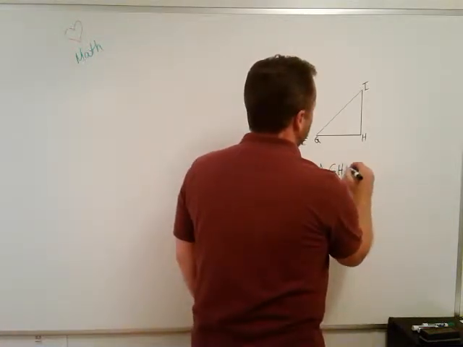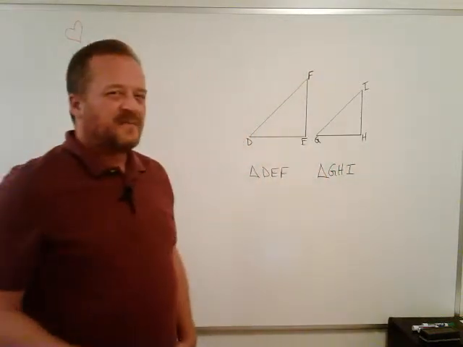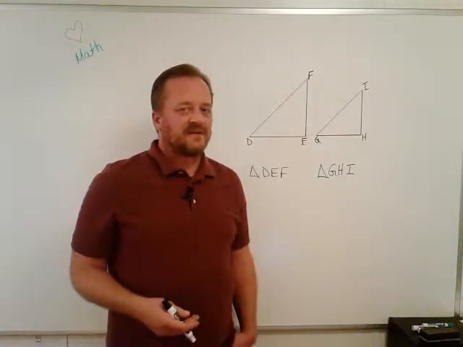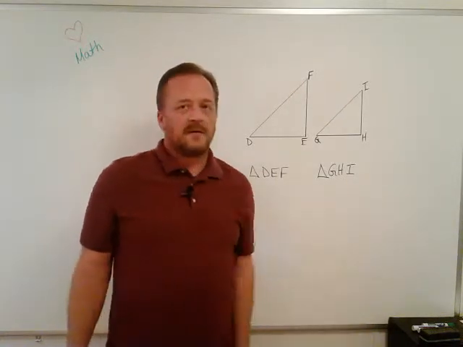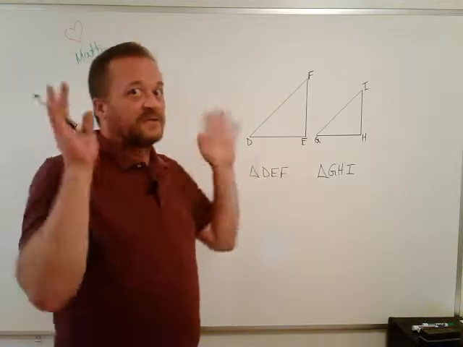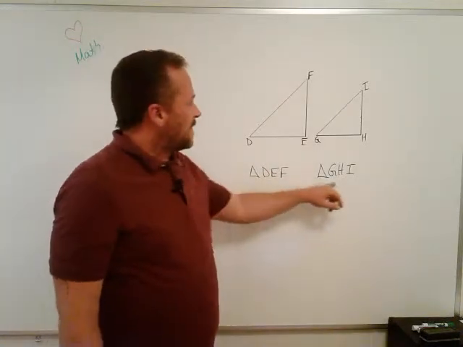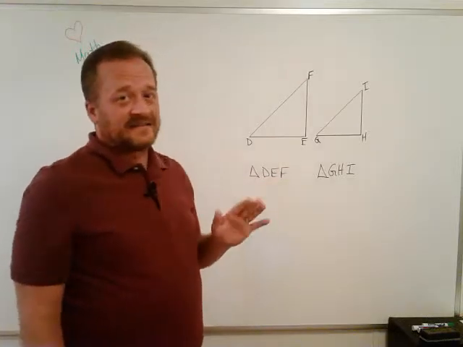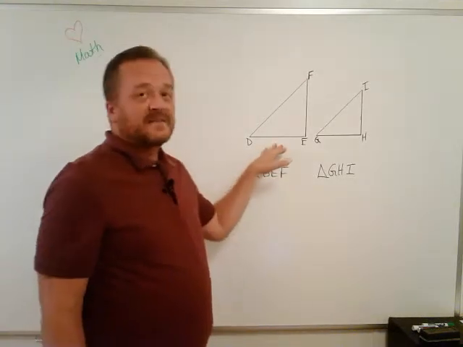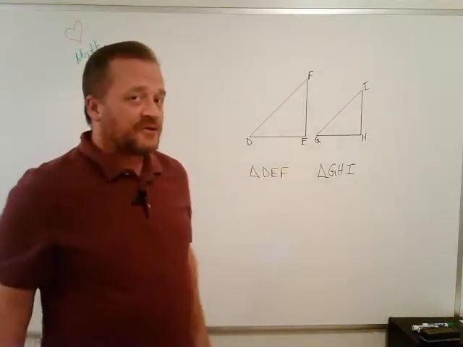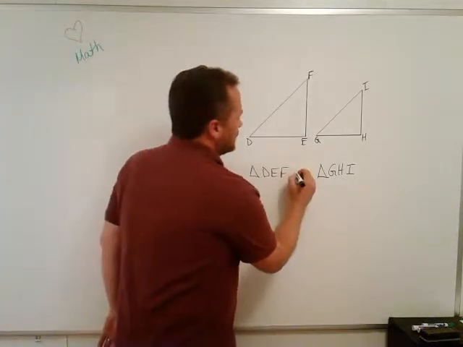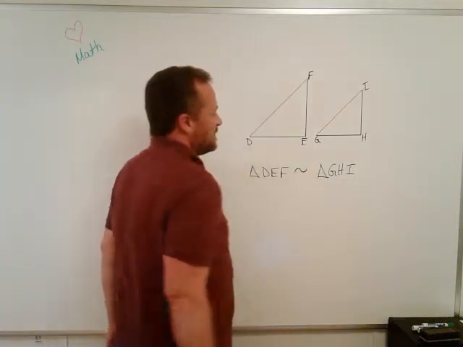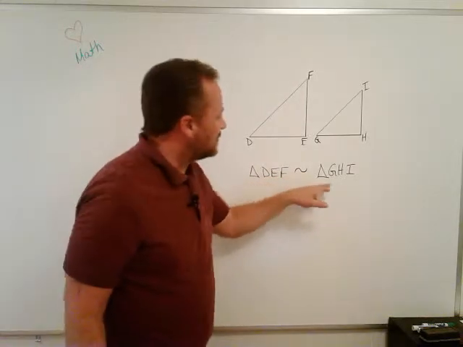I don't think order matters too much when you're naming a triangle, but it's a good convention to stick to go ahead and put those in order, just so we don't all confuse each other. So here are their names. And these two triangles are not congruent because their side lengths are not the same. But since their side lengths, and I've told you this, are proportional, I can use just the little squiggly tilde to say these are similar triangles.